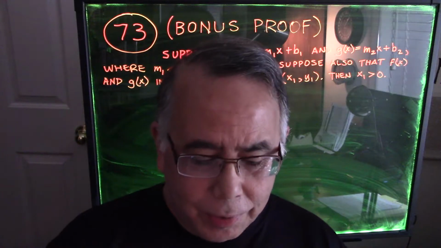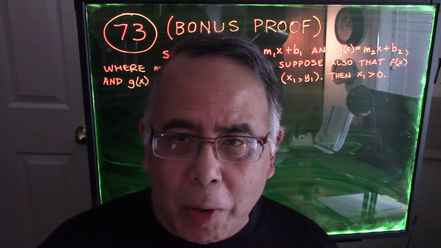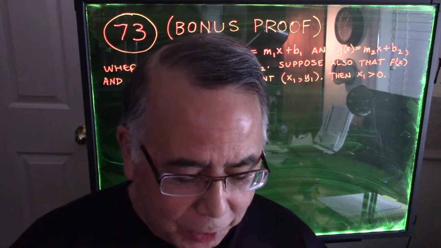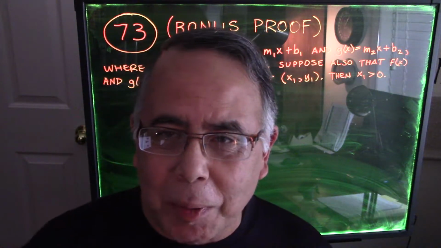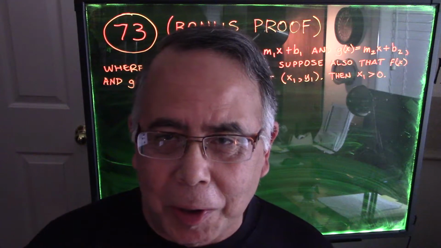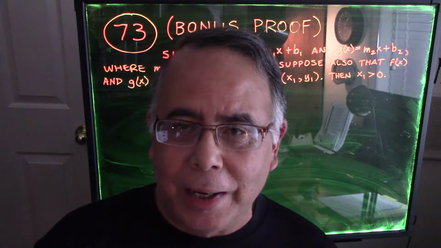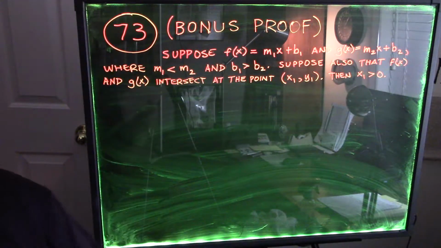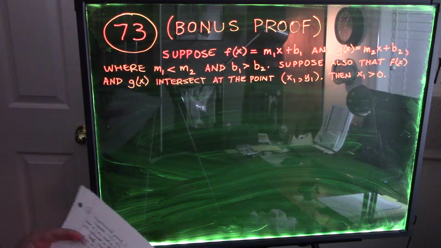All right, this is number 73, bonus proof. Bonus proof. Yeah, don't be scared. You will be able to understand this, and you'll probably learn a little bit more mathematics just by going through this proof with me. And let's take a look at what we're going to prove.